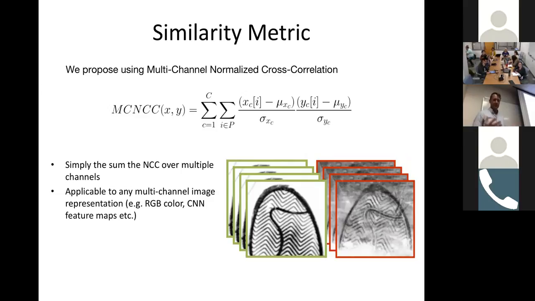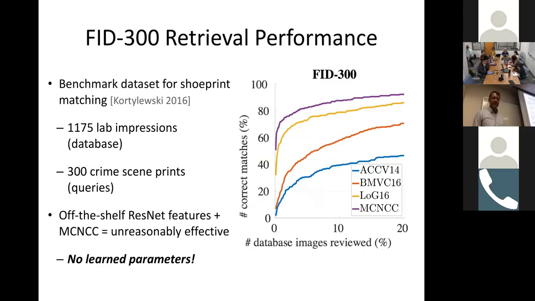So we use what we call a multi-channel normalized cross-correlation. We sum over the channels. Within each channel, we're looking at the normalized correlation between corresponding locations in the two images. And so it ends up that this simple measure of similarity applied to these convolutional feature maps is actually very effective at solving this problem of matching crime scene prints to test impressions.